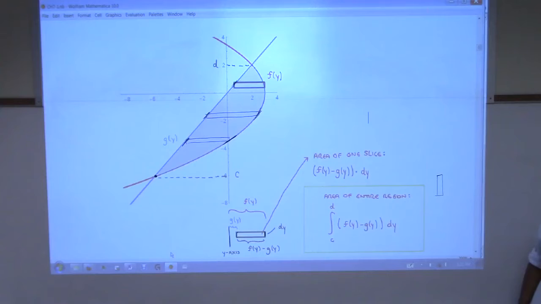If I have two curves that are not functions of x, so these fail the vertical line test, the red one does at least, then how about if we look at that red curve as a function of y instead, then it would pass, wouldn't it? So we'll turn our rectangles over, and instead of letting x vary back and forth and moving our rectangles this way, we're going to start with our rectangles like this and move them up through the region like this. Does that make sense?